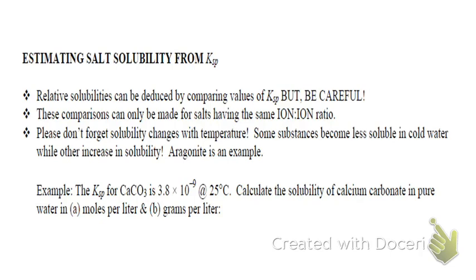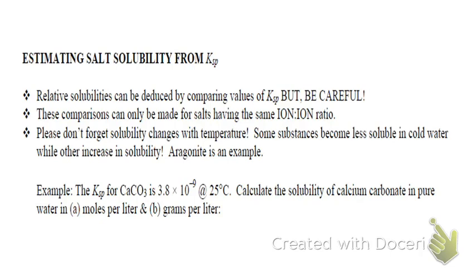So estimating the salt solubility from a Ksp: like we said, that was a negative 73, so it's very, very insoluble. But you can compare values to see what's going to be more soluble than the other one, but you have to be very careful with that. You can only do that if you have the same number of ions. If I have a Ksp value for silver chloride, I could compare it to silver bromide because they both have 2 ions.